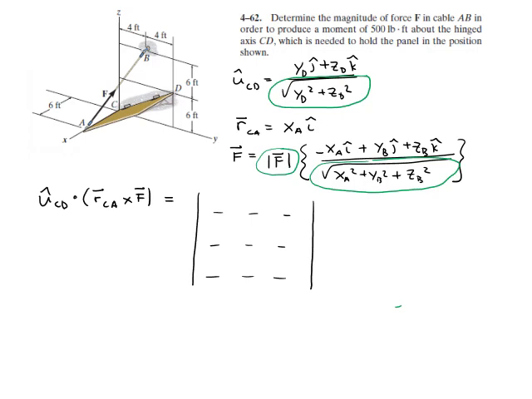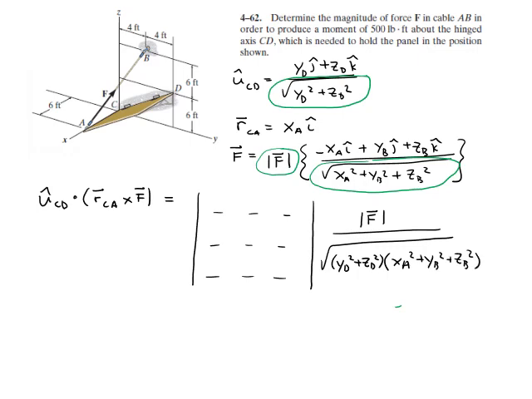I'll put F here, and in the denominator I've got this big ugly thing of two square roots: yd squared plus zd squared, times xa squared plus yb squared plus zb squared. And then I will put in the matrix everything that's left over.